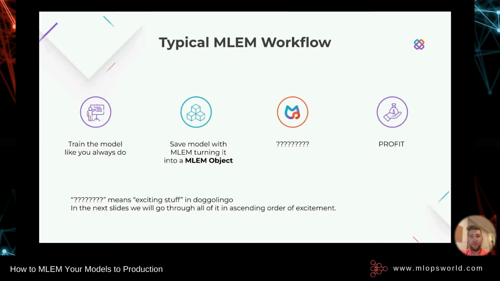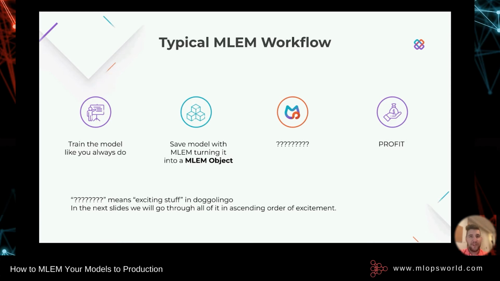Then you save your model with MLEM, turning it into an MLEM object instead of dumping a pickle file or something like that. After that, a bunch of question marks, and then you get profit. And question marks mean exciting stuff in Dog lingua. And in the next slides, I will go through all of this stuff in ascending order of excitement.